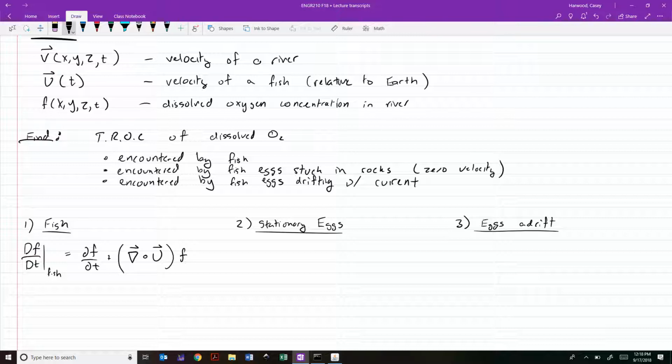Okay, what about the eggs that are stationary? Local rate of change is going to be the same as that experienced by the fish.